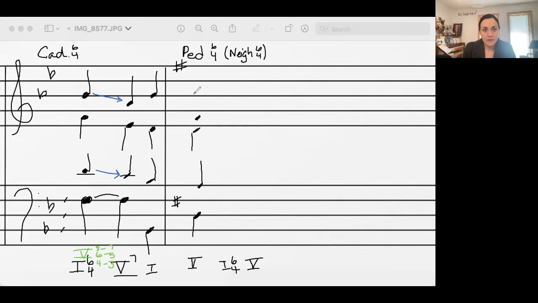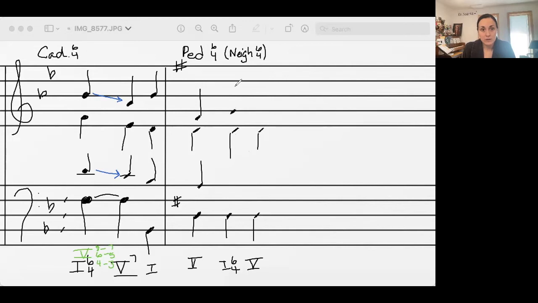And the nice thing about pedal 6/4s is that we keep this bass note stable. Let's keep as much stable as we possibly can. So this is going to double here because our fifth of the 1 6/4 is going to be doubled. And then we're going to move everything else by step.